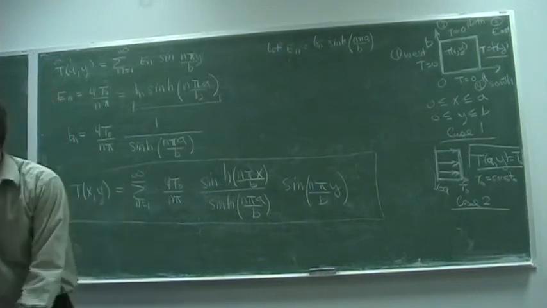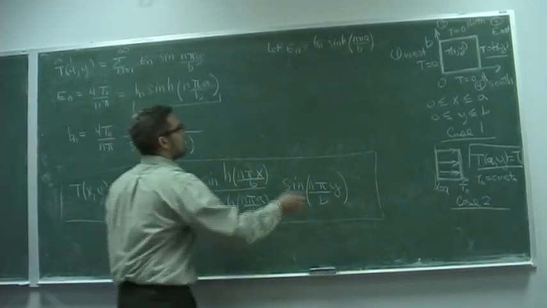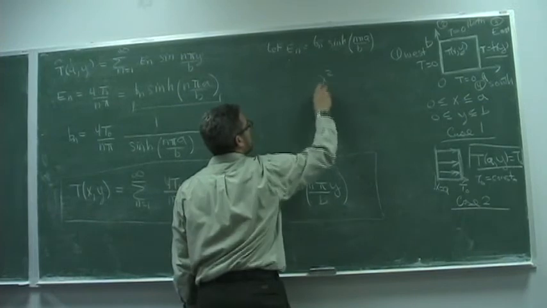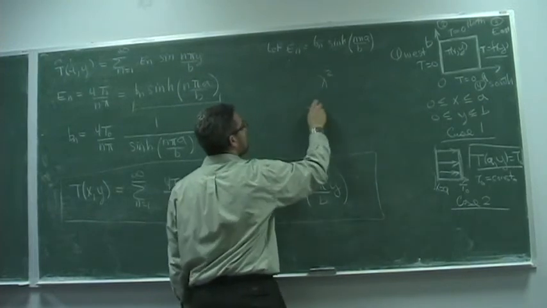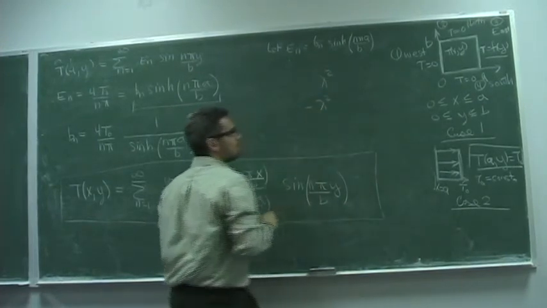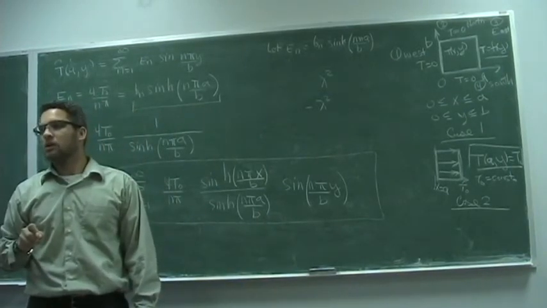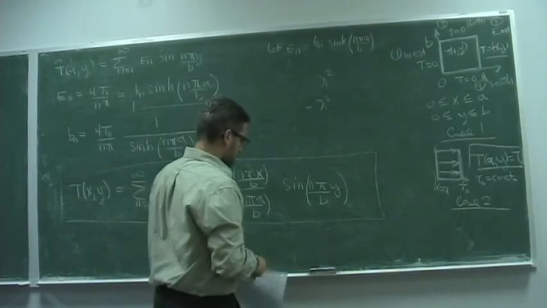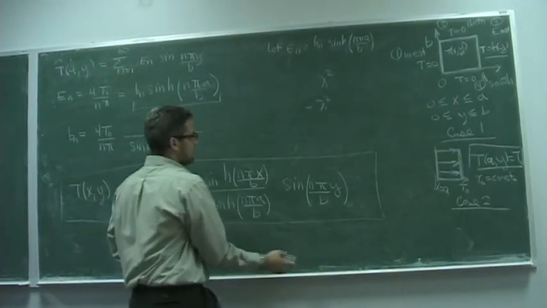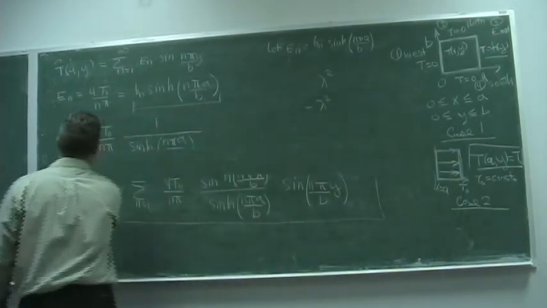So here's my recommendation. If you did it with lambda squared, then do it with negative lambda squared, which should switch your sign. Let me explain what this means. Let me erase this one.